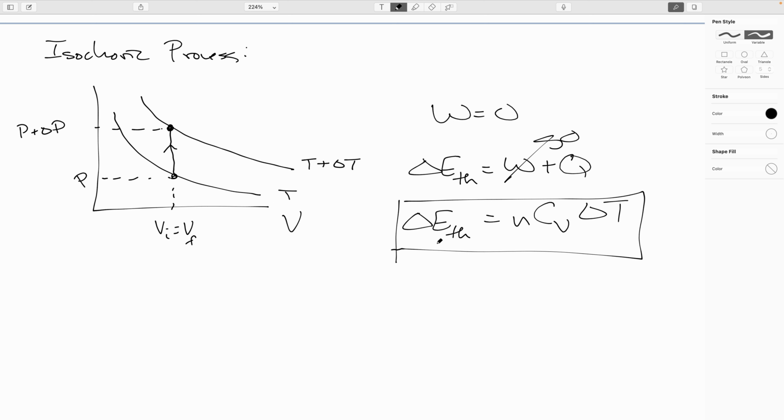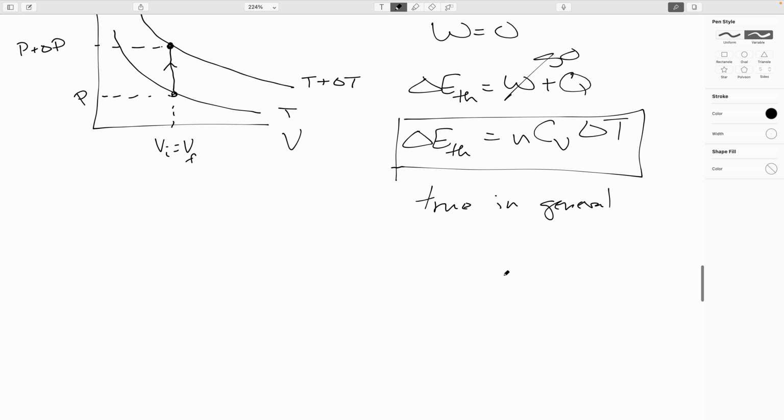So this is just true in general. For all processes, it's true that the change in the thermal energy is n CV delta T. So the rest of it is going to be going into work. But that's part of why I was saying that it's not the end of the world. CV and we can get a lot of mileage out of just CV and CP.